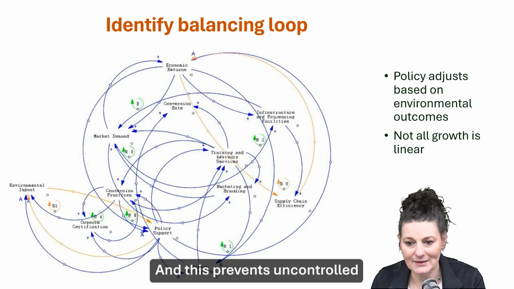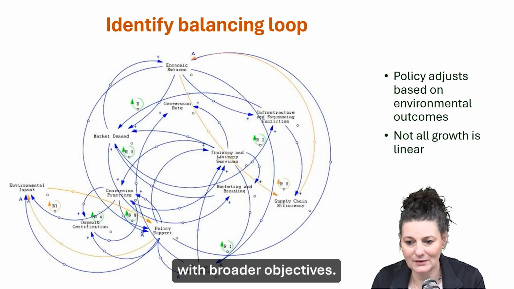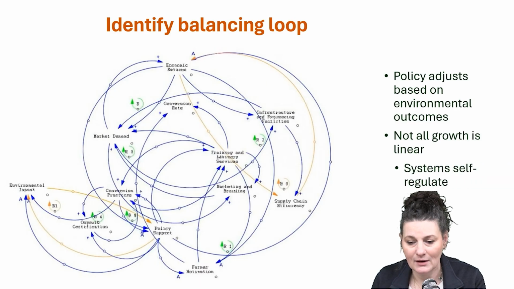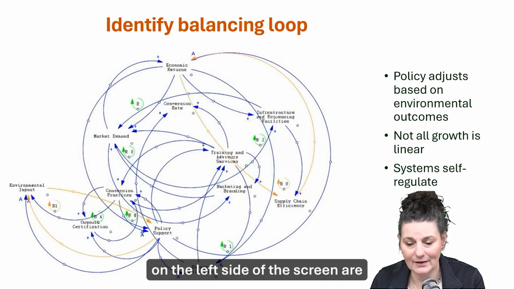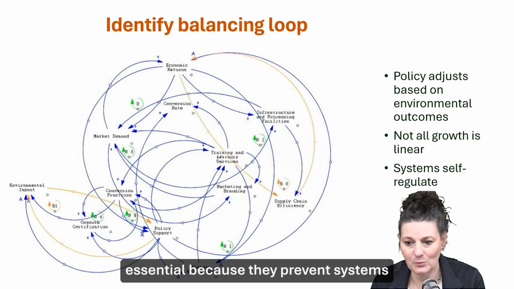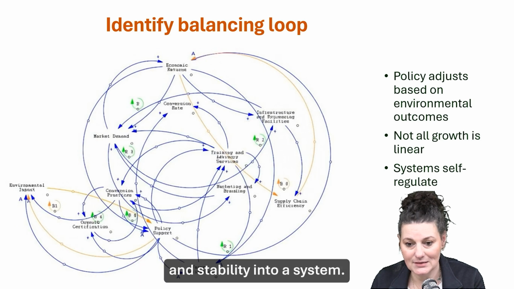And this prevents uncontrolled growth and ensures alignment with broader objectives. Balancing loops, which you can see here on the left side of the screen, are essential because they prevent systems from moving endlessly in one direction. They introduce regulation, correction and stability into a system.